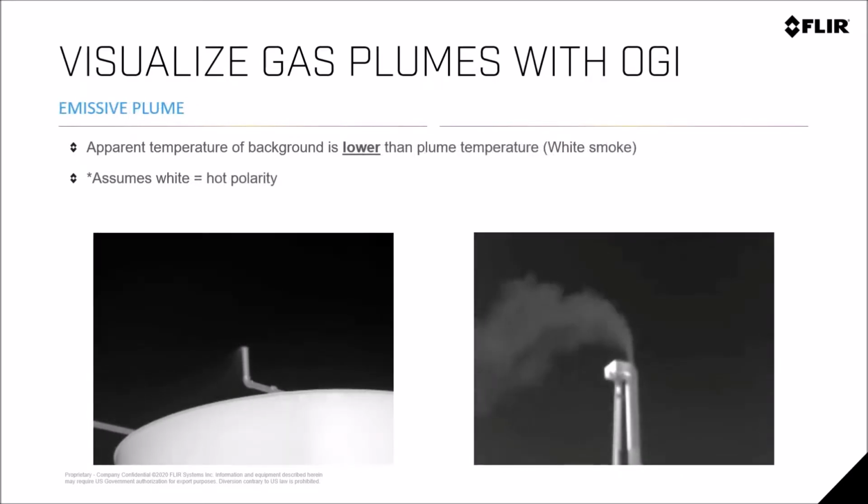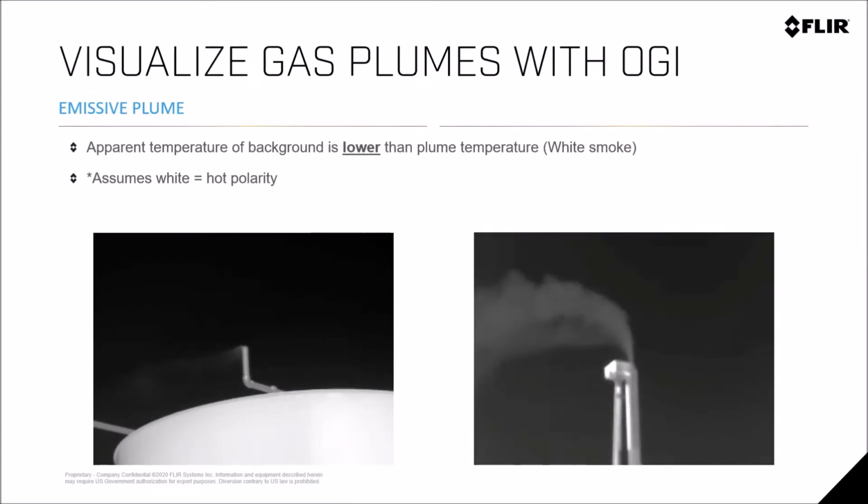In the cases where there's a white plume, in the majority of the cases that you would run into a white plume, it is going to be with the sky background. There may be scenarios, we have customers in the colder environments, where you may have a leak in a facility and you have snow as a background, as an example.